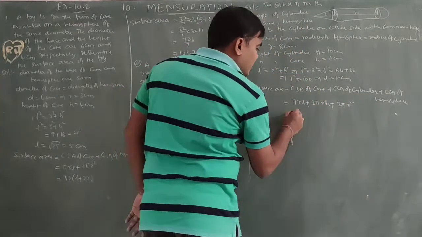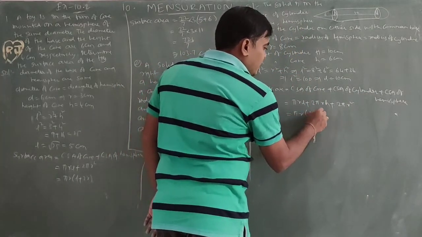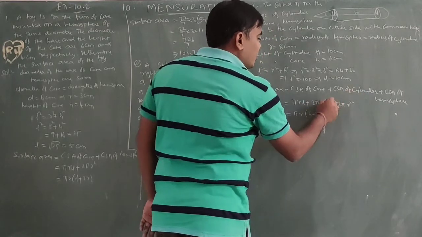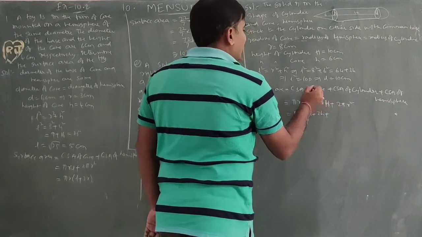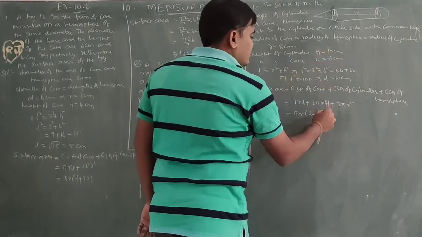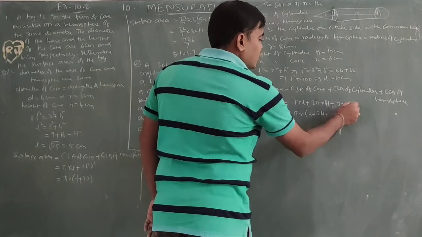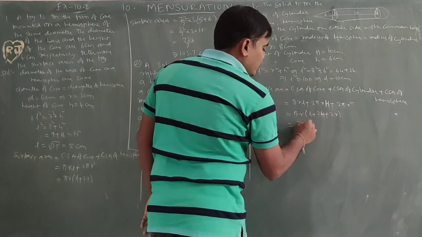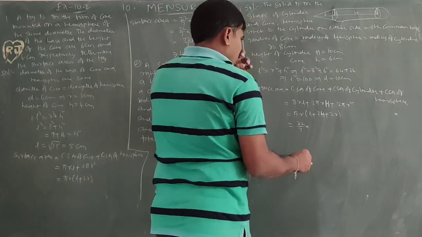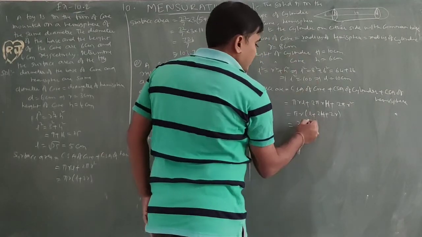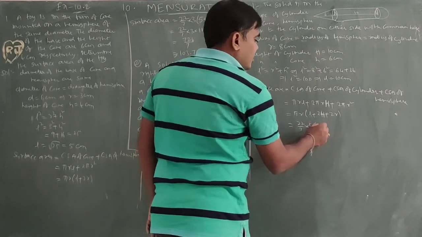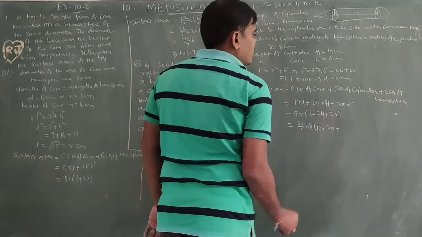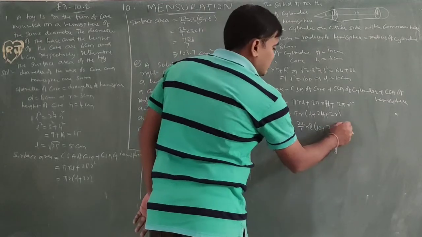Among all these, pi R is common. So pi R times (L plus 2H plus 2R). Here I take 2 capital H because the cylinder has capital H. With pi as 22/7 and R as 8: L is 10, plus 2 into H is 20, plus 2 into R is 2 into 8, which is 16, giving 46.